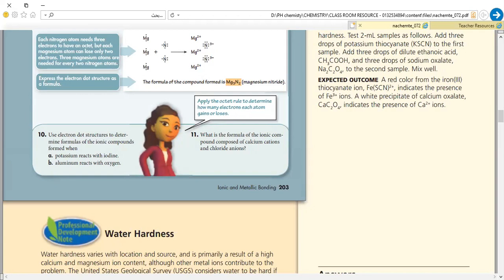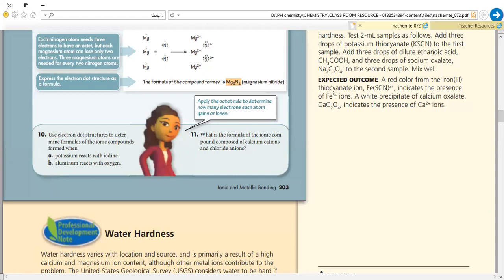Okay. Here he is asking us to write the chemical formula for two ionic compounds: A, when potassium reacts with iodine, and B, when aluminum reacts with oxygen.